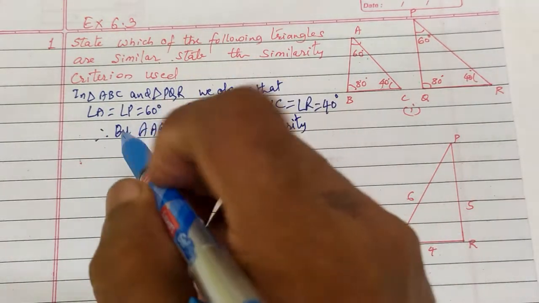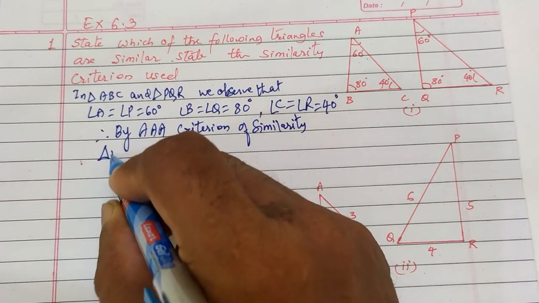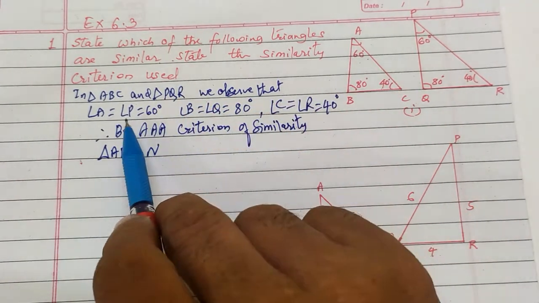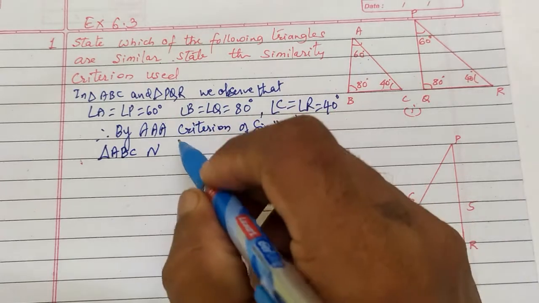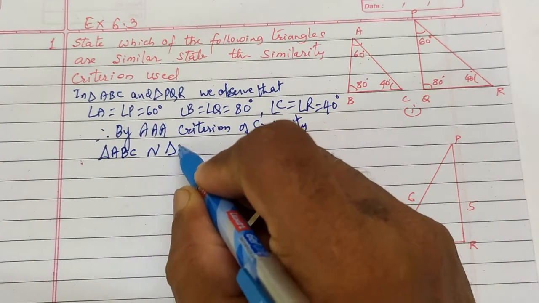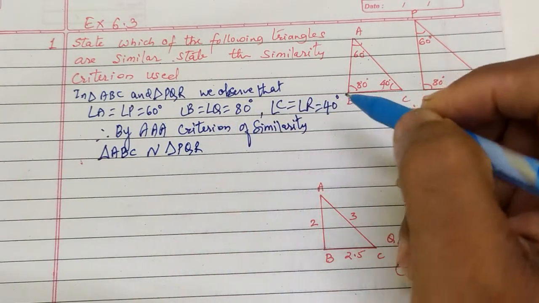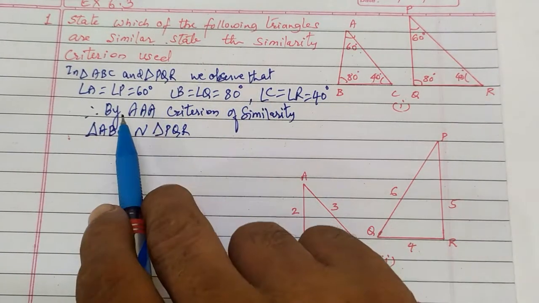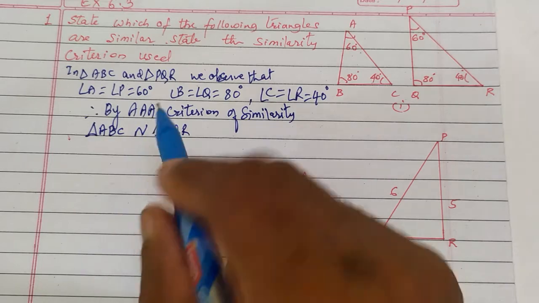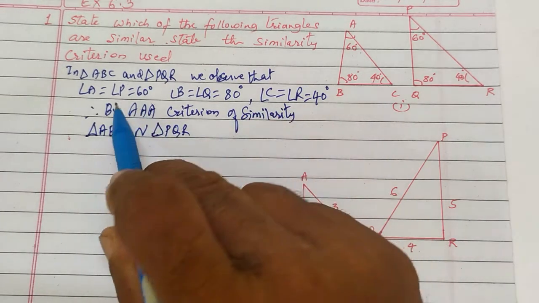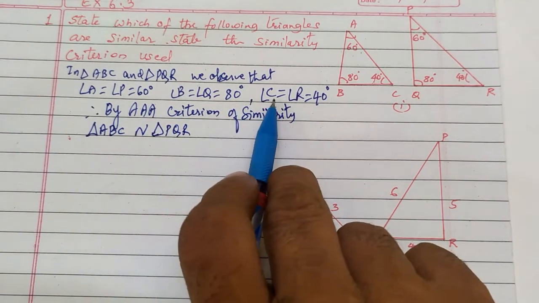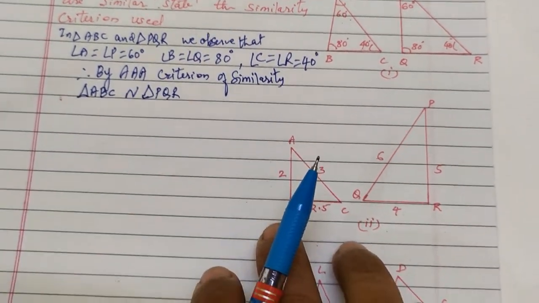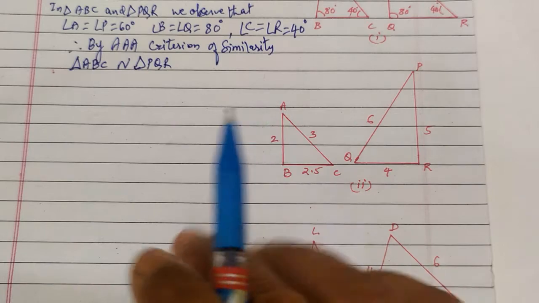Triangle ABC is similar to triangle PQR. The order is very important. So A is first, B is second, C is third, P, Q and R. That order. So we'll go on to the second one.